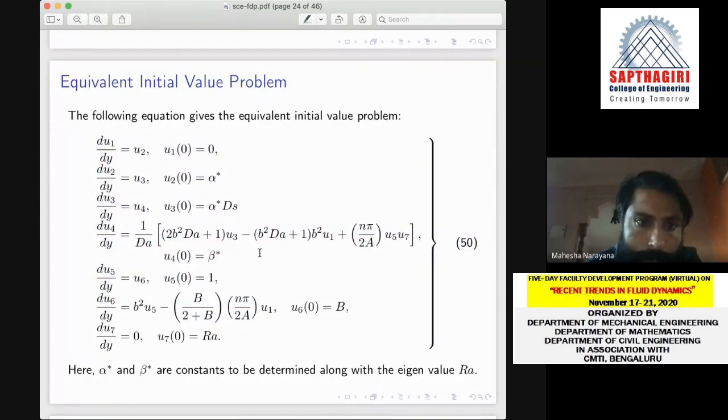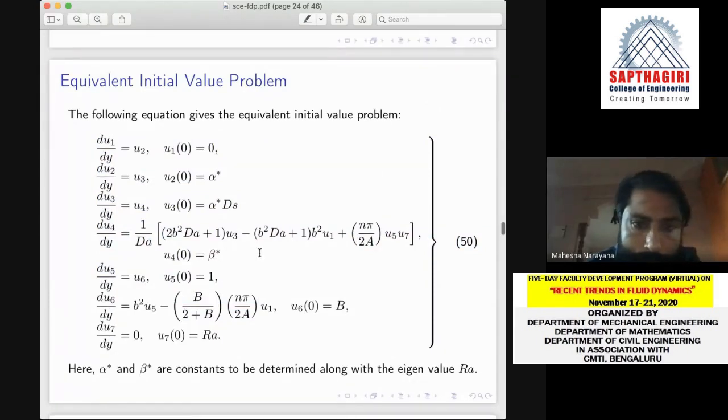Now this is the suitable equation on which we can apply the differential transform to get the series solution. And if you observe this equation, there is a u5, u7 term present. u5 represents theta, u7 represents Ra. Since we are treating Ra as an additional variable, this could be treated as a nonlinear term, and this nonlinear term will be handled by property number 3, which I presented earlier.